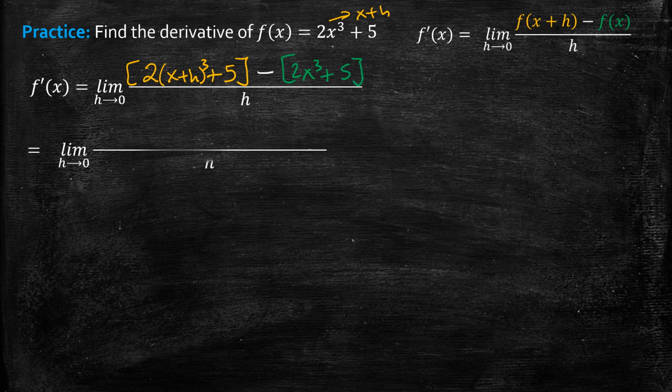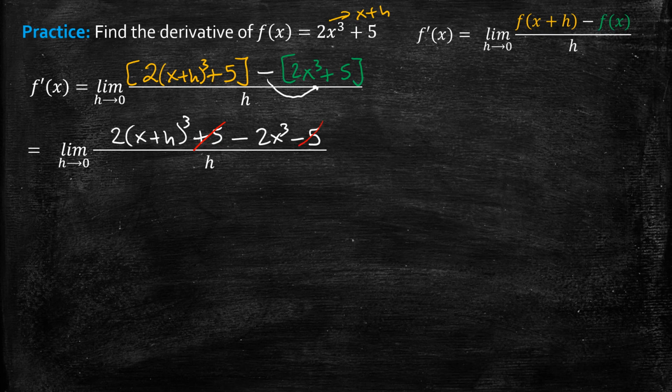In the next step, I'm going to release the brackets. I'm not going to take care of (x plus h) cubed just yet. Remember that the whole point of having the brackets is so we don't forget to distribute here.